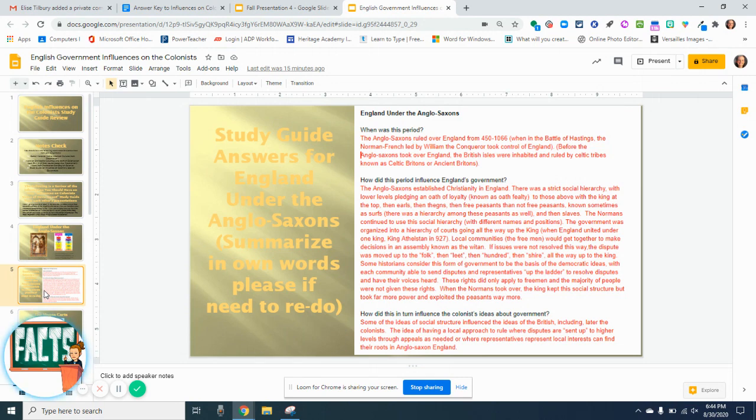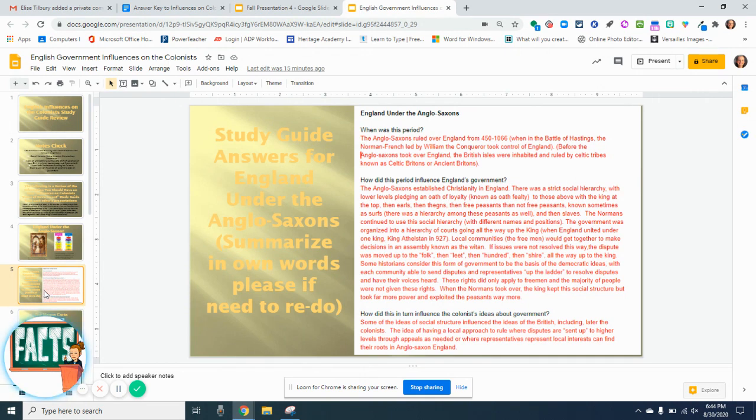So he actually even had conflicts with the church this way, and he took a lot of power from the church, who had previously had much more influence in the government, although we do see the church's influence on government throughout English history, and it's still really strong influence. But William took some of that power and established the idea that the king gets his authority from God, and so has authority in both government and in the church.